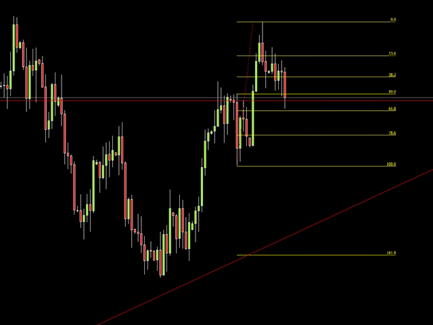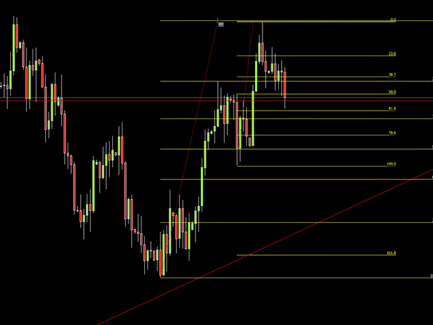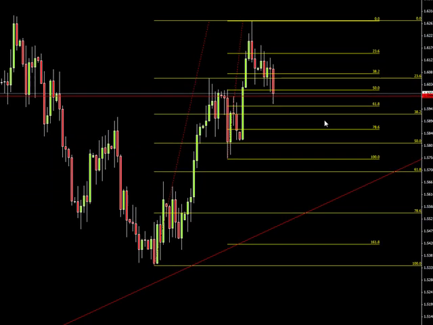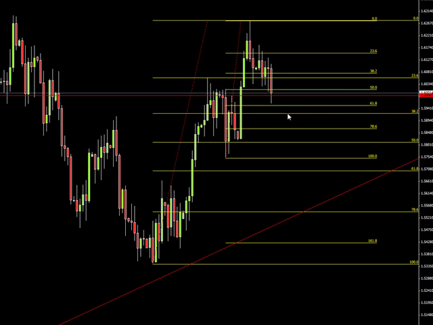If I draw a second Fibonacci level in from this major swing point, we have this 38.2 down here as well, which is on 159.20s.